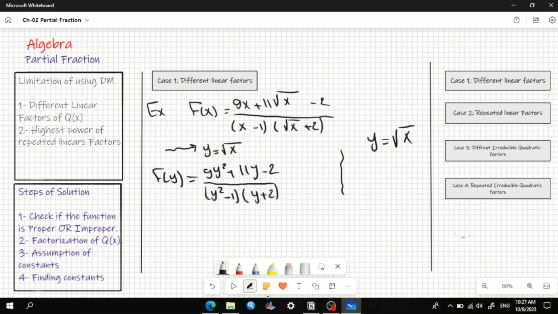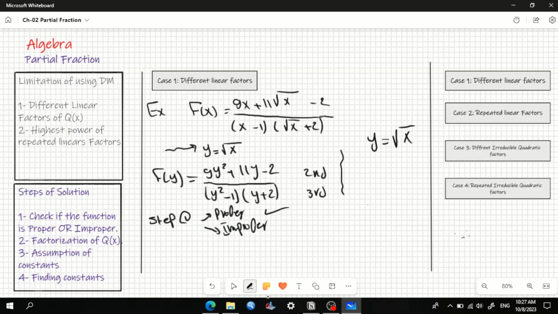Okay, so step 1 for this function: proper or improper? Here we have second degree in the numerator and third in the denominator, so we have a proper function. Let's move to step 2, factorize Q of x.